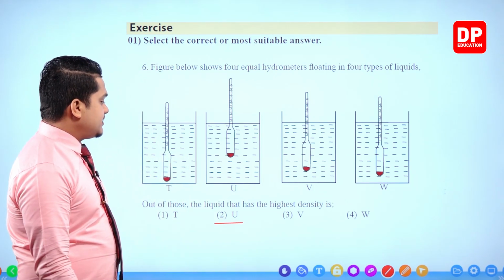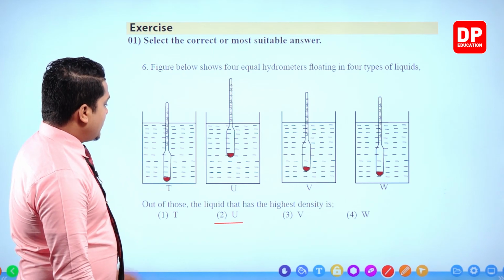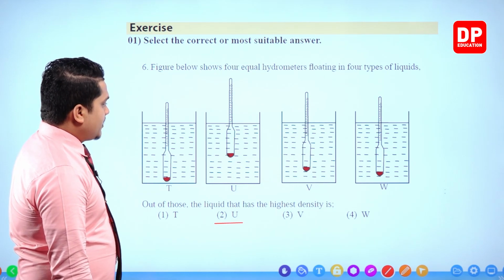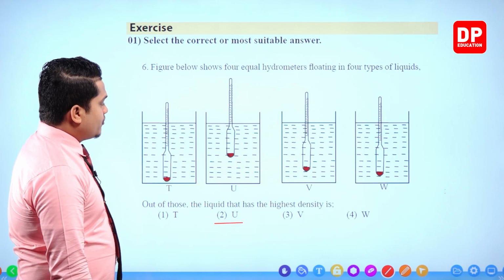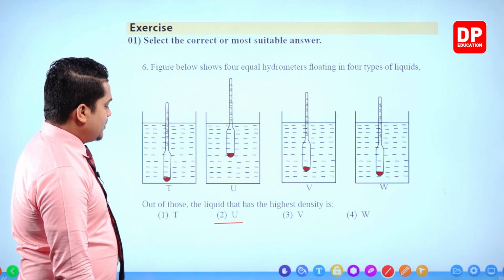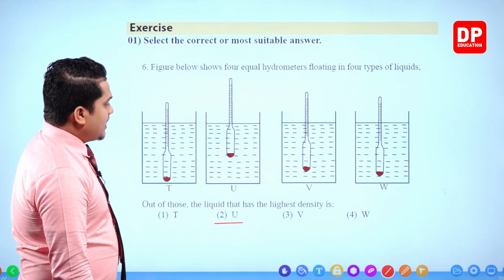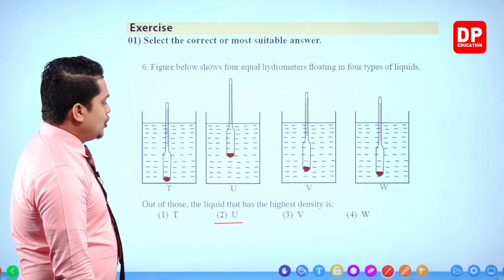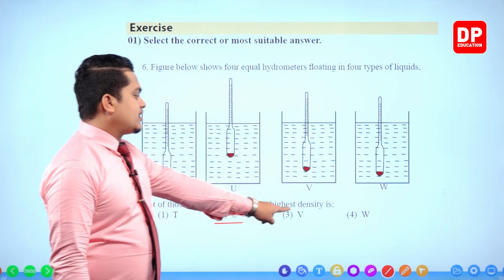T has the lowest density because more amount has sunk within the liquid, my dear children. More amount of the hydrometer has sunk within the liquid. So U is the answer. U has the highest density, T has the lowest density. The question is asking about the highest density one.